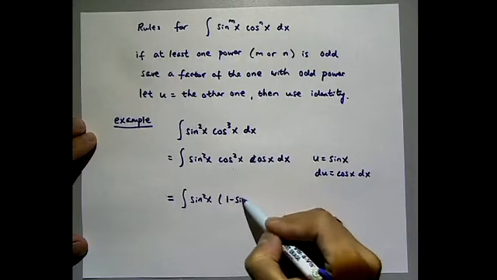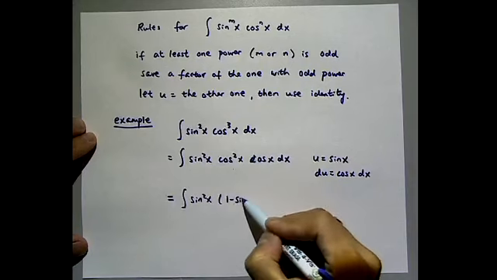And then we're going to look at what happens when they're both even. Okay? So you see, it doesn't matter what power it is. As long as it is odd, when you take one away, you're going to have some kind of even power left.